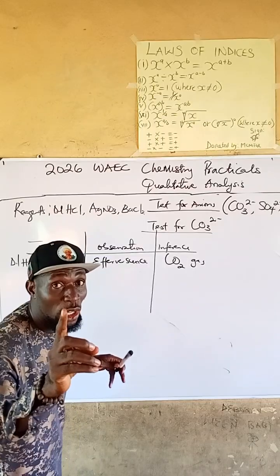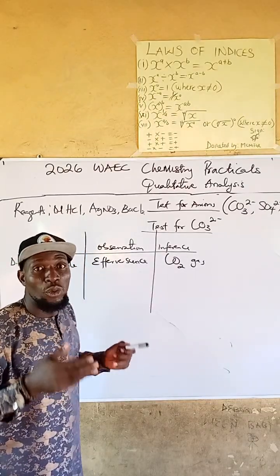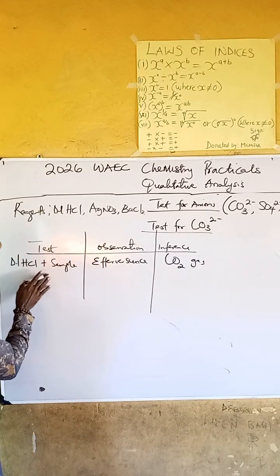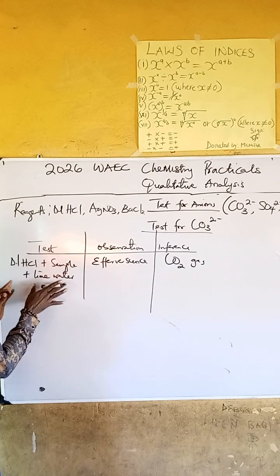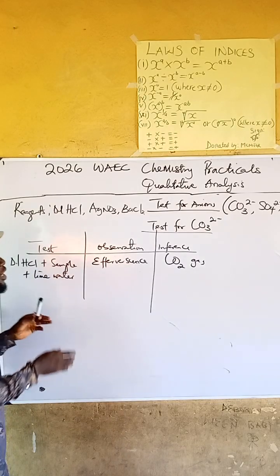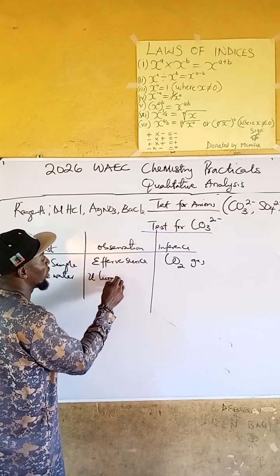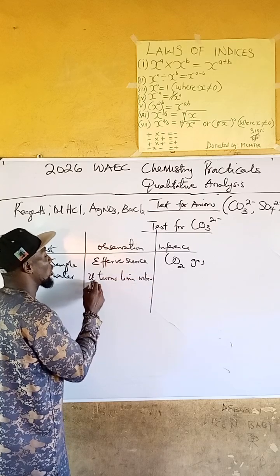Then they also provide us with another solution. We call it lime water. So add plus lime water. So the gas was passed into lime water now. It turns lime water milky.